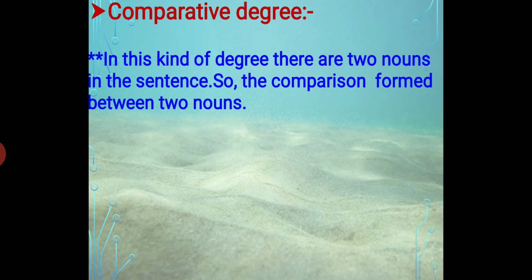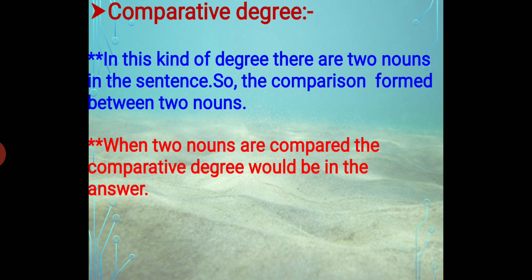Here, if there are two nouns in the sentence, and there is a comparison between two nouns, then the adjective would be in its comparative form of the degree. When two nouns are compared, the comparative degree would be the answer. If you compare any two things, any two nouns, you will get an answer in the comparative form of the degree.